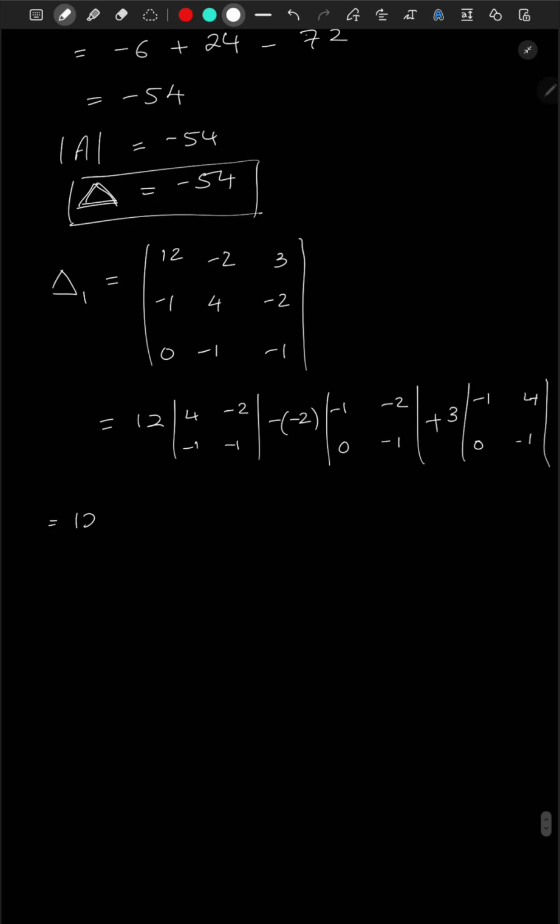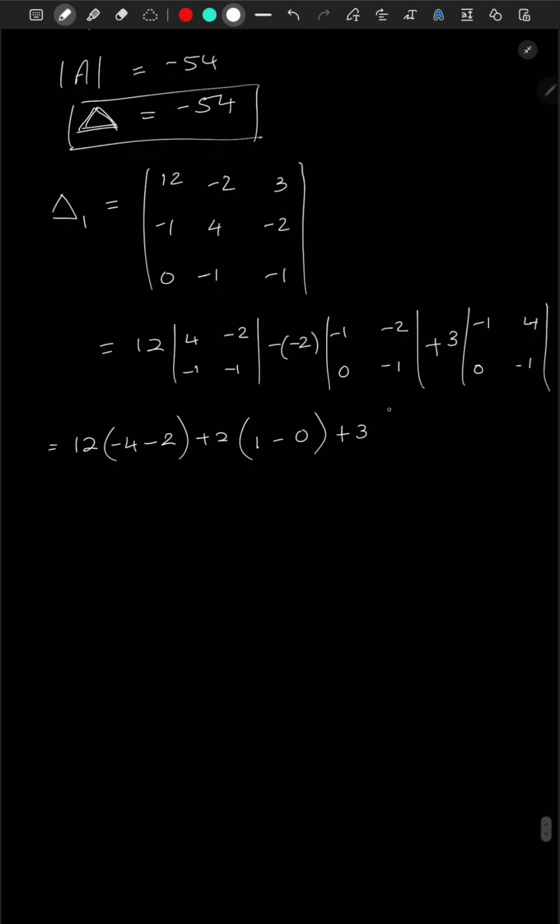To solve this: minus 4 minus 2 plus 2, then 1 minus minus 2 plus 2, 1, minus 0 times 2 is 0.